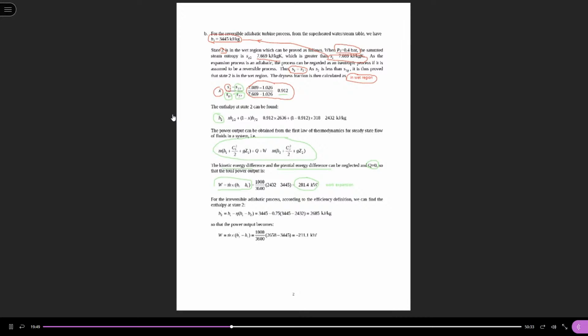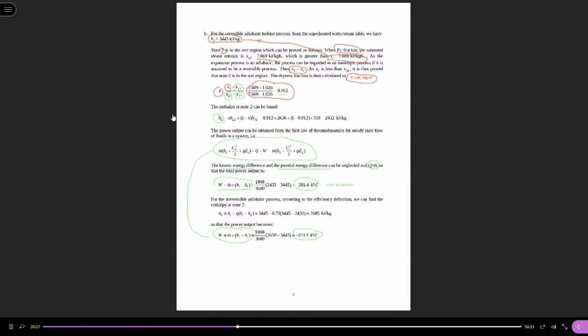Then accordingly the work output can be calculated similarly following the first law equation. So the work output is also equal to the enthalpy difference, and we can calculate this value.